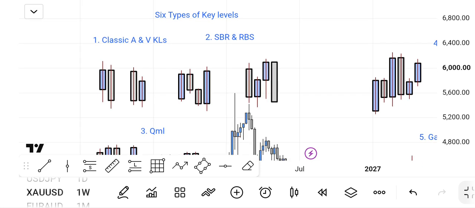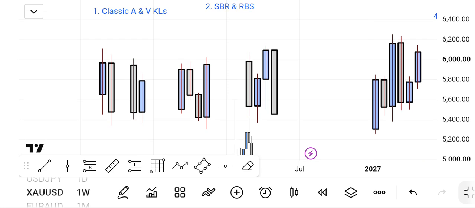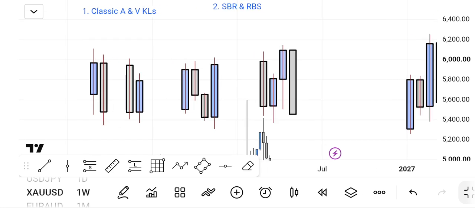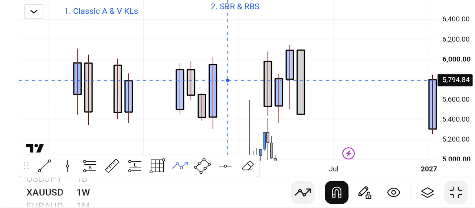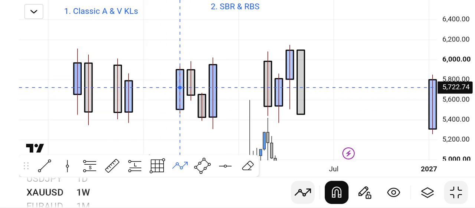The RBS means what? It is a classic that is broken. You see this A-shaped key level, this one? You see this A shape now?